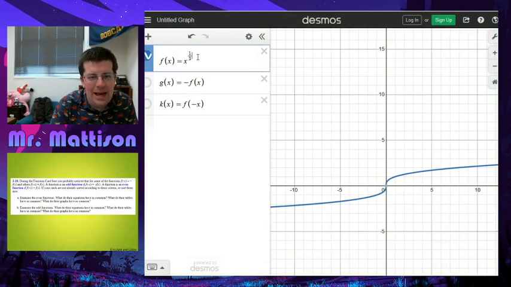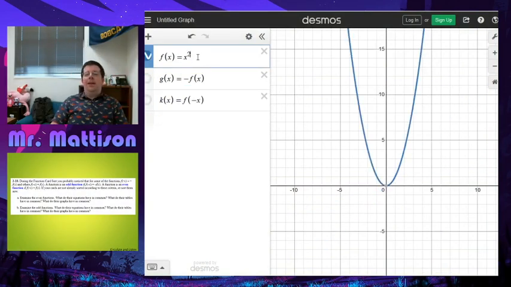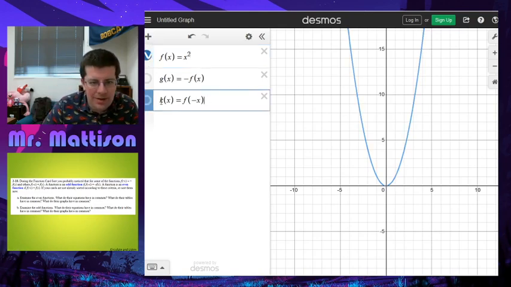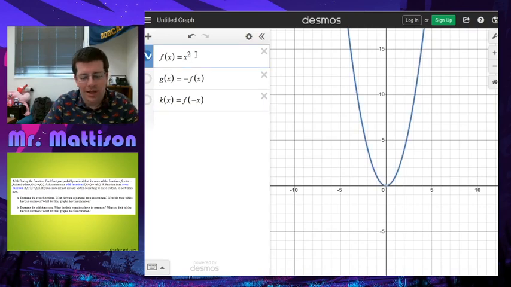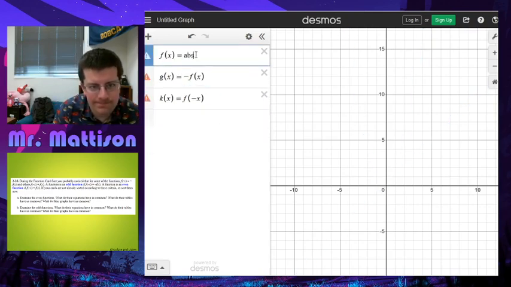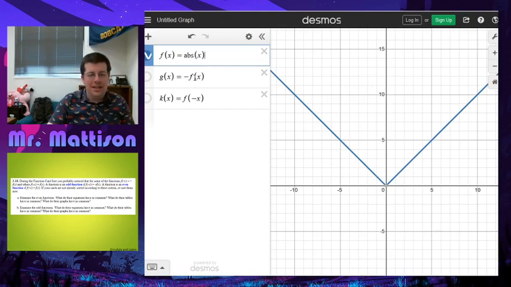So ones that did that for us were things like x to the second, right? If I take this blue graph and flip it over the y-axis, that's a horizontal flip, I get the exact same graph because it's symmetrical over the y-axis, right? That was also true for the absolute value function. If I flip that graph over the y-axis, it becomes itself.